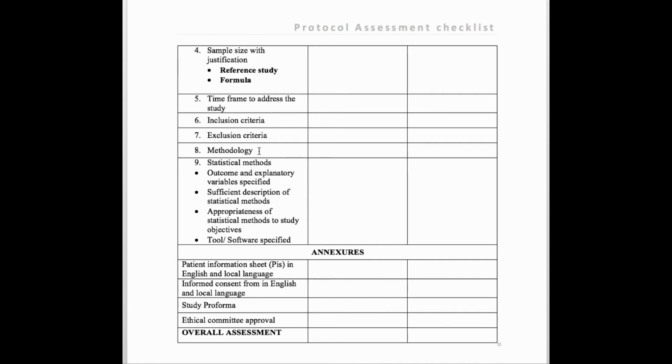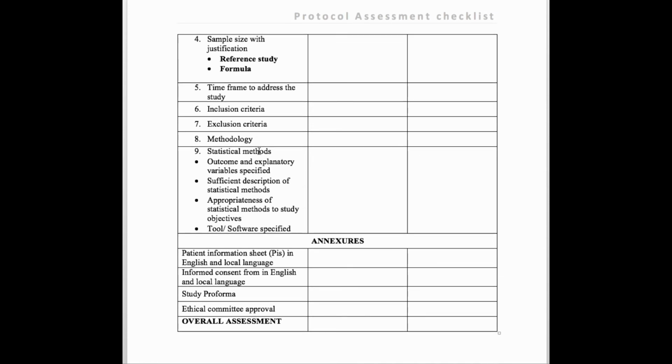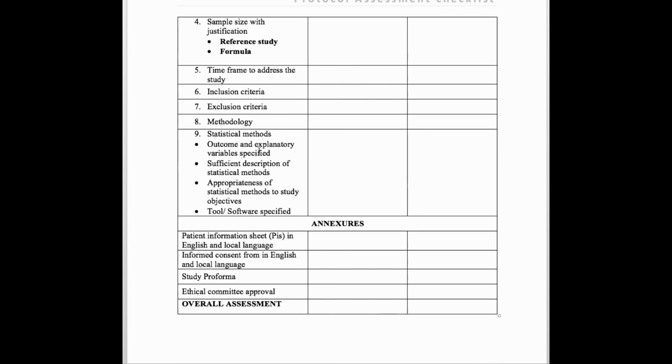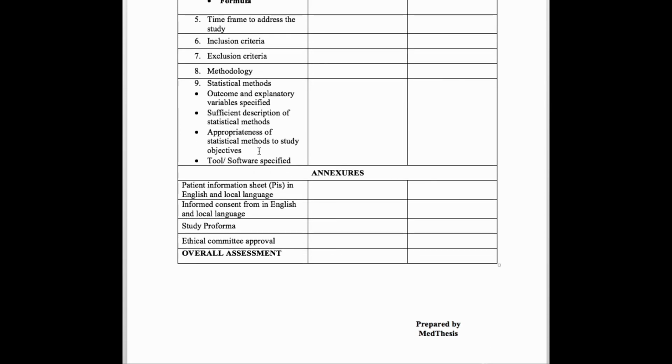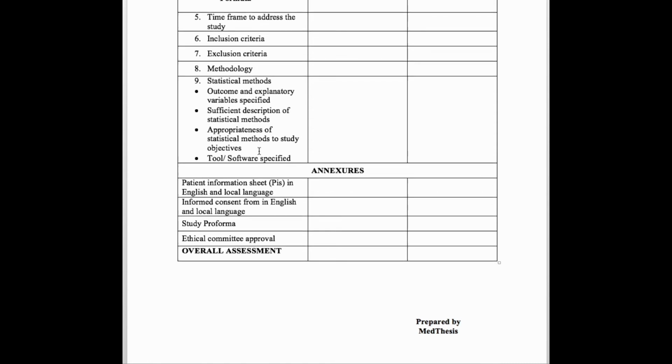Statistical methods, you have to specify what are the key outcome and explanatory variables. Sufficient description of the statistical methods. They should be appropriate for your study. You should not write all the statistical tests in the world and dump them in the protocol. So you need to know what tests to be used in your particular scenario, and then what are the tool or software which you are going to use to do the data analysis, that you have to specify.